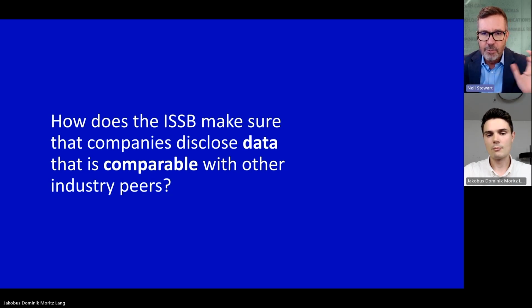So that work is now underway. And the idea is to make sure that the SASB standards are really up to date, that the metrics are still applicable, that we consider any other needs of investors and companies, because the SASB standards are so important in supporting IFRS S1 and S2 disclosure.